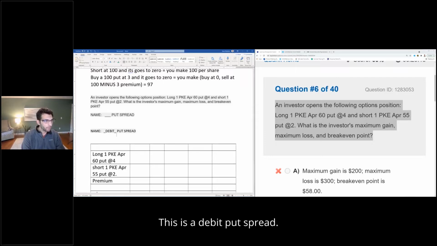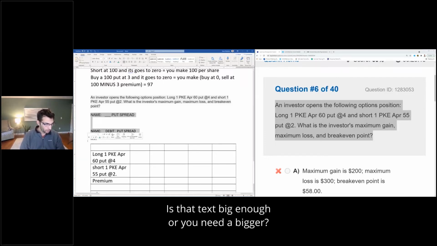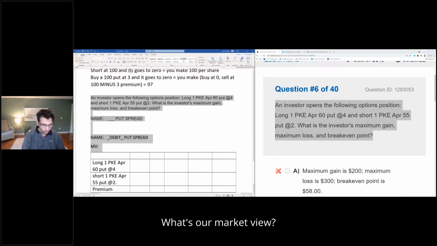This is a debit put spread. What's our market view? Is that text big enough? You need it bigger. What's our market view?